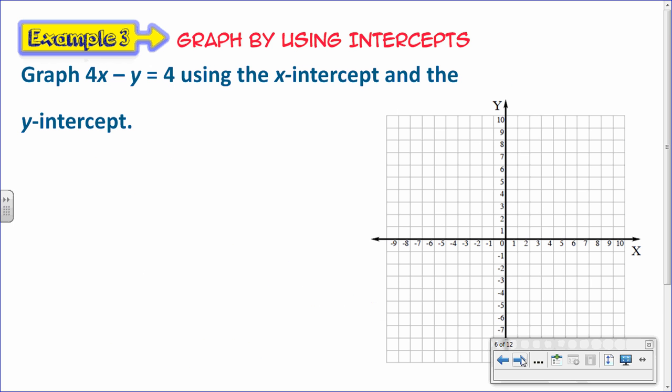Write this one down. We're going to graph a line using the x and y intercepts. How many points do I need to graph a line? 2. Okay, this is also, write this one down too.